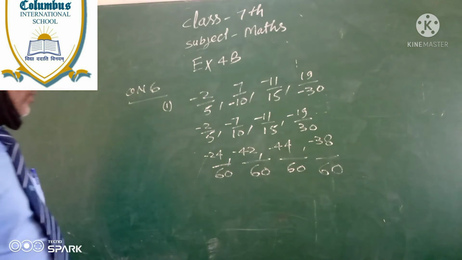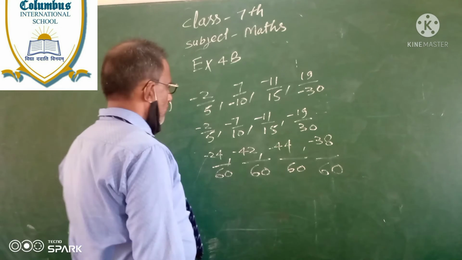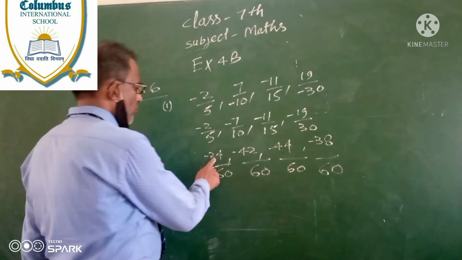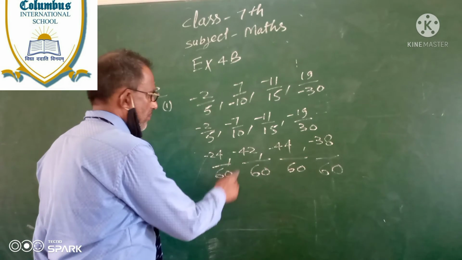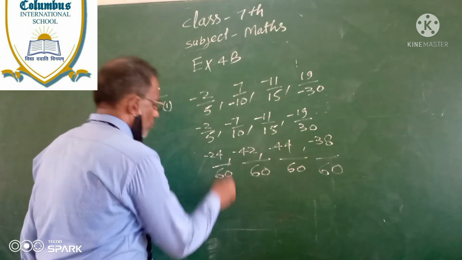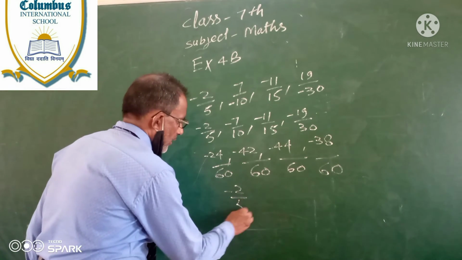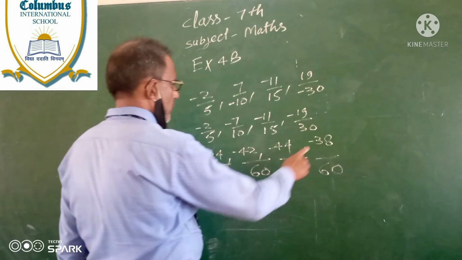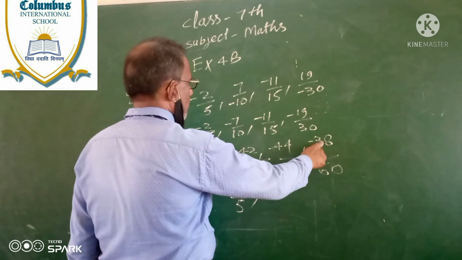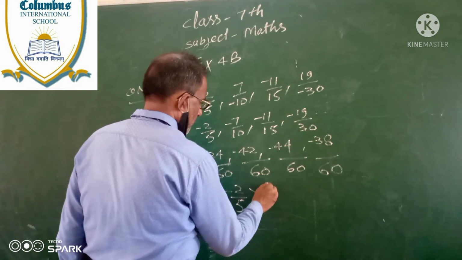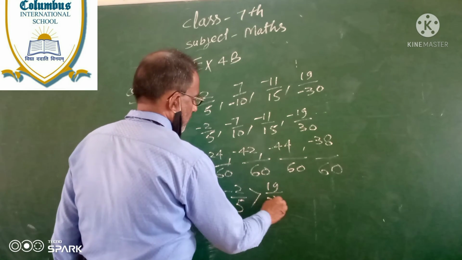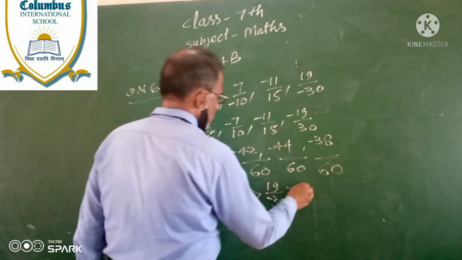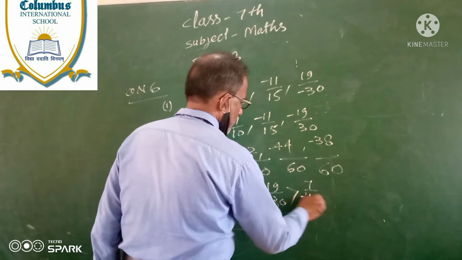Okay. You see that minus 24 upon 60 is the greatest number. So minus 2 upon 5 is the greatest. Next number is minus 38, that is 19 upon minus 30. And after that minus 7 upon 10.